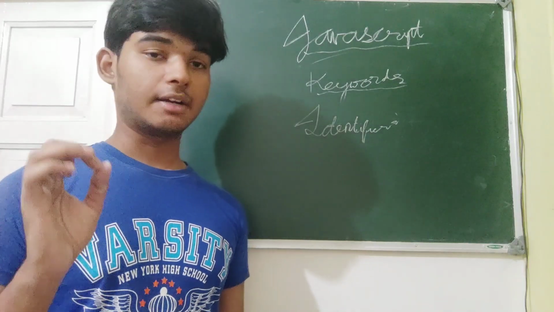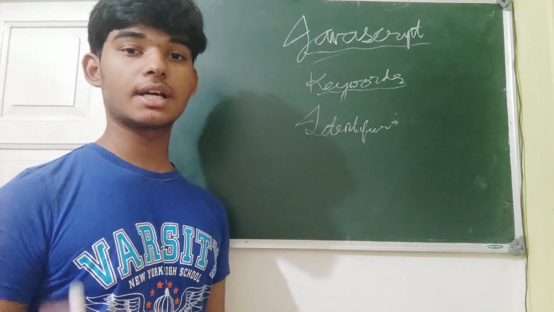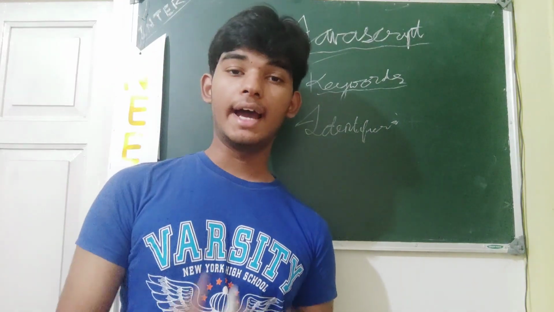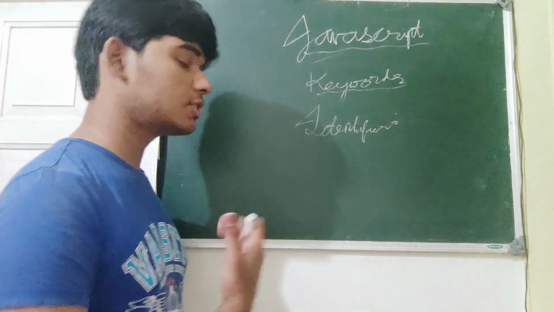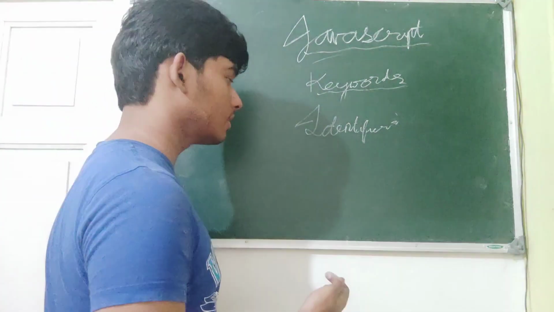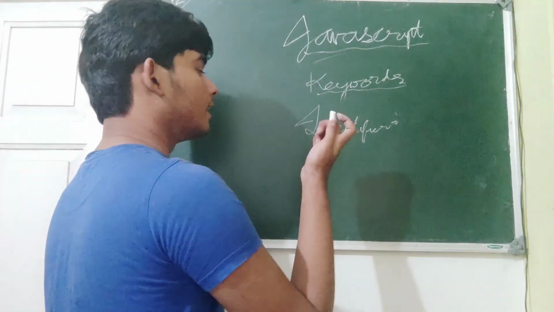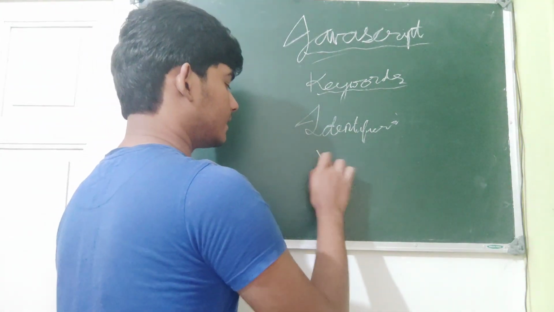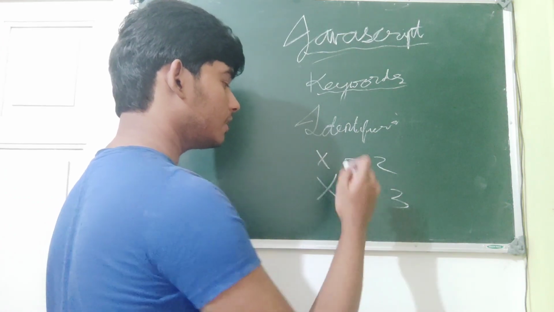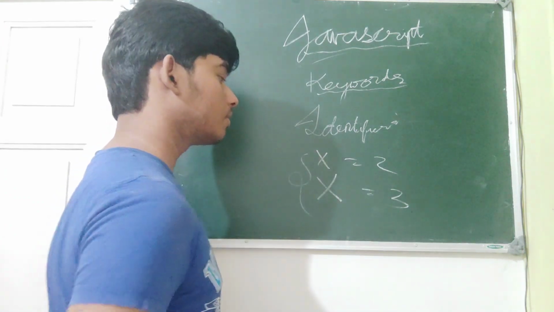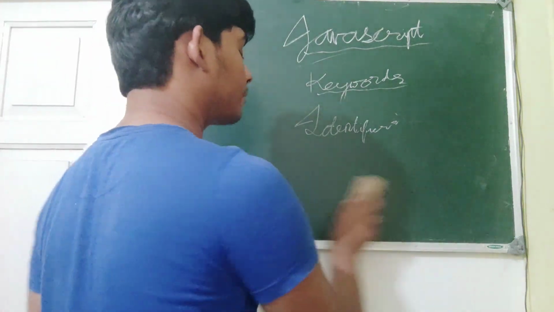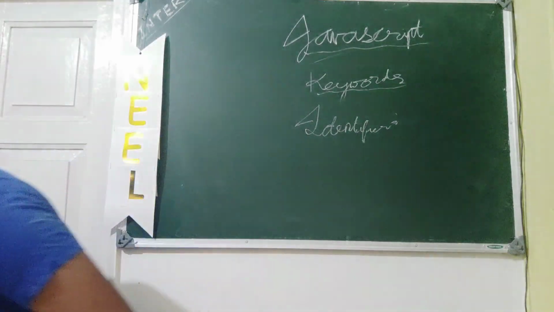And the third one, and a really important one, is that identifiers are case sensitive. Not only identifiers, but a lot of things in JavaScript are case sensitive, and I have mentioned this in the previous episodes as well. If you write x is equal to 2, and write capital X is equal to 3, these are two different pieces of code because JavaScript is case sensitive. So small x is equal to 2 and capital X is equal to 3 still works.